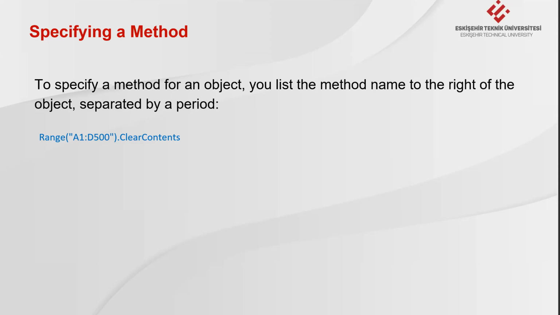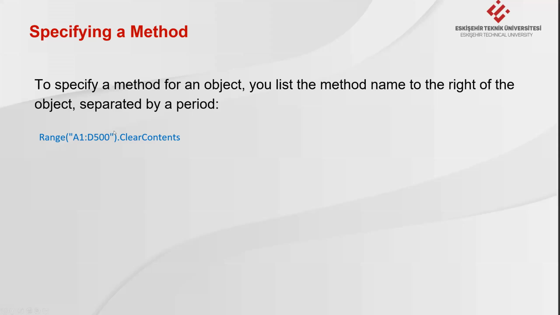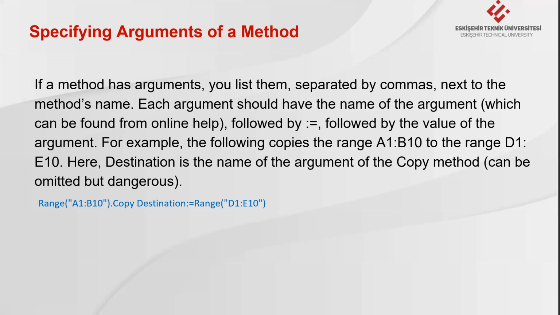So I think they are almost the same as in your object-oriented programming course in the previous semester. So we have objects, and we have methods of the objects, and we have the properties of the objects.